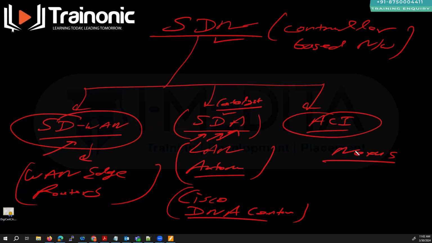But in SDA, you manage your Catalyst switches with the help of DNA Center. ACI is built using the Nexus switches. So the major difference between SDA and ACI is the family of the switches. In SDA, you are using the Catalyst family of switches, whereas in ACI, you are going to use the Nexus family of switches.